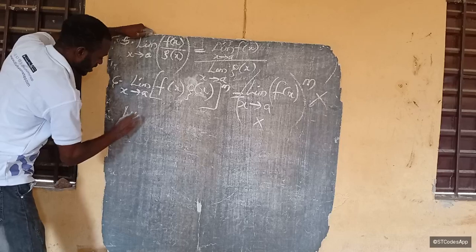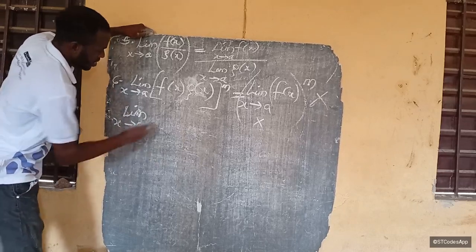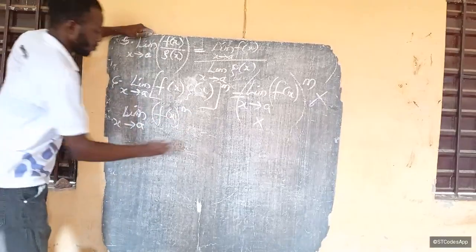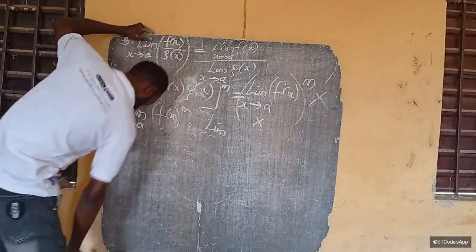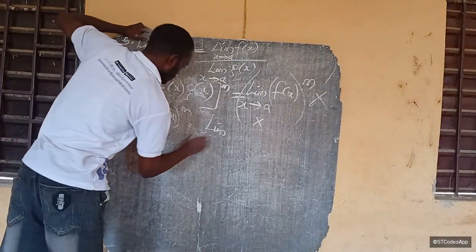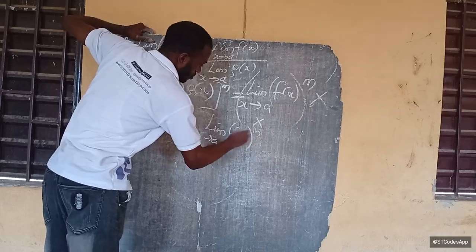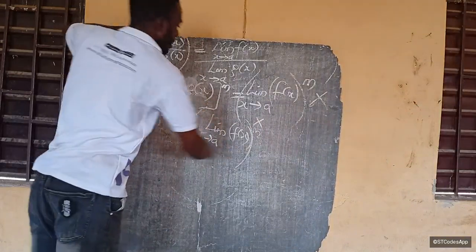It's just a simple principle that as x tends to a, the limit of f of x all raised to m should be equal to the power of that limit, the power of the entire limit.